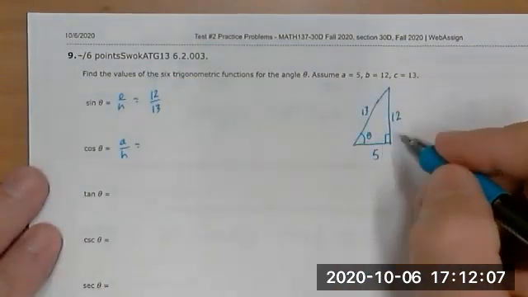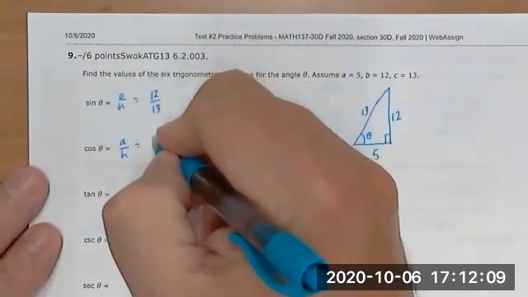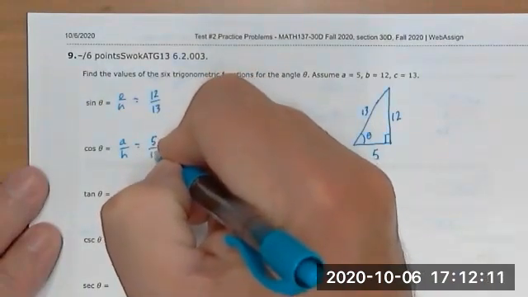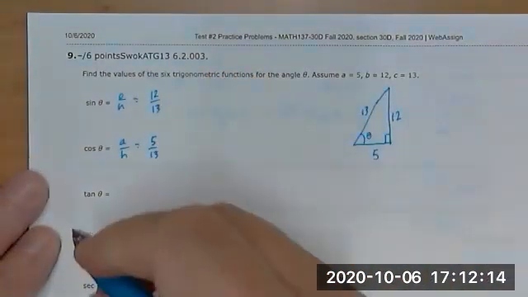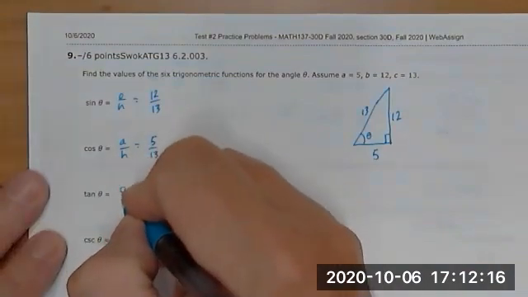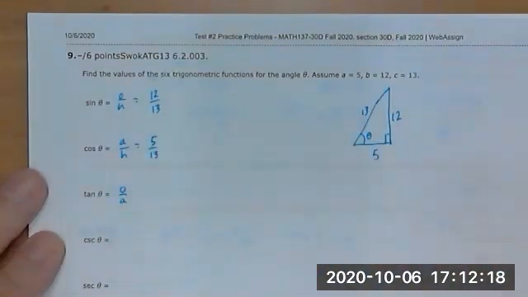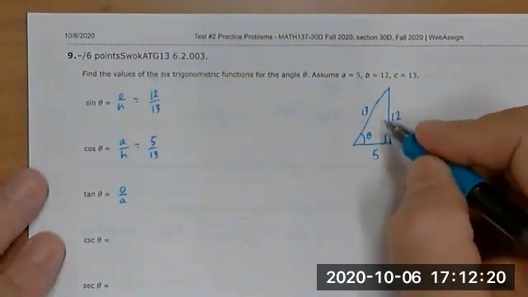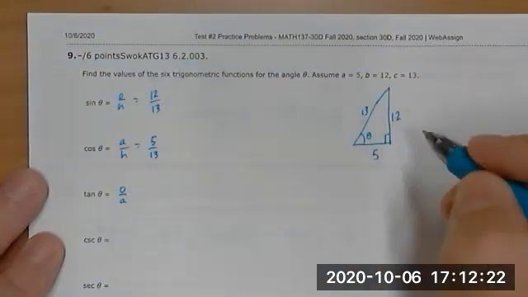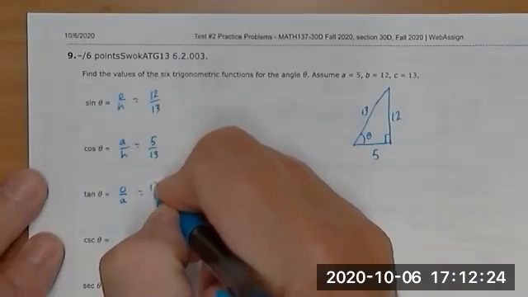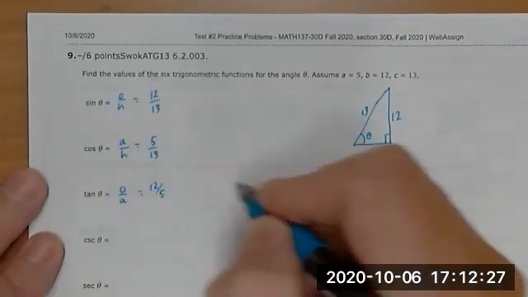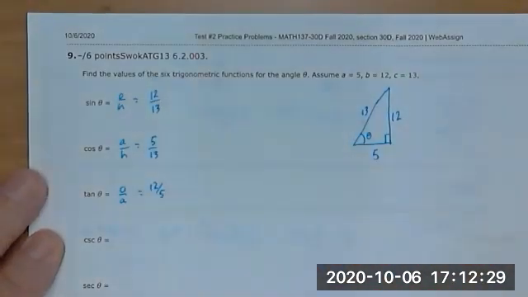This is the adjacent, 5. Hypotenuse is 13. 5 over 13. Tangent. TOA. Opposite over adjacent. 12 over 5.